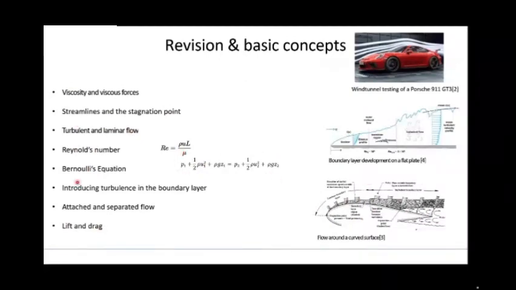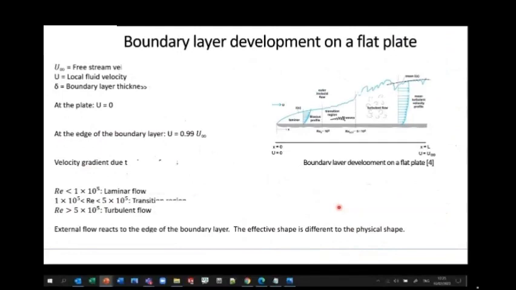We can then also think about trying to draw more energy into the boundary layer by introducing turbulence and growing the size of that boundary layer, and that will determine whether or not the flow is attached or separated, and ultimately how much lift and how much drag we are likely to generate from our object.